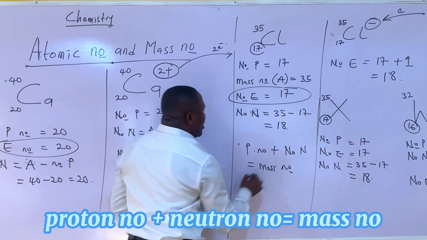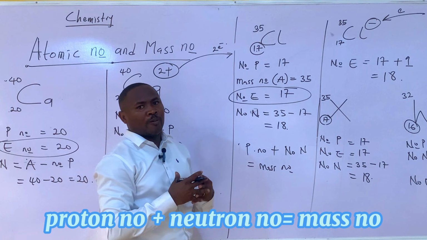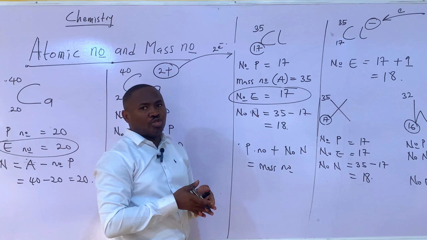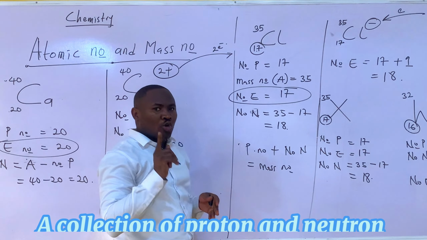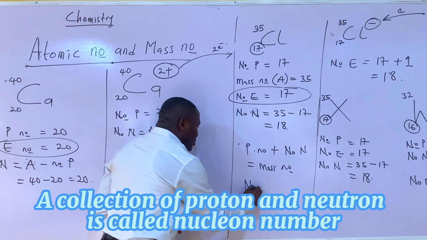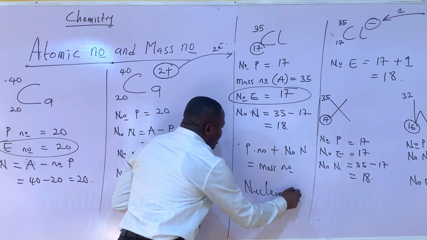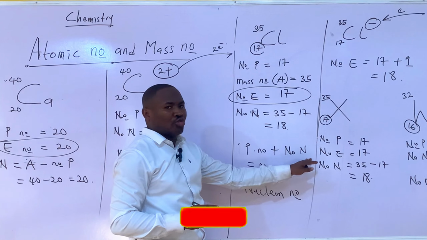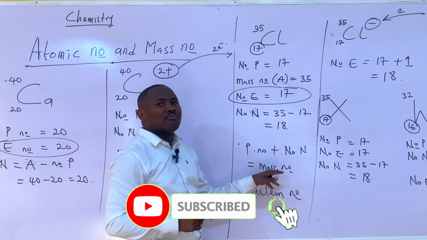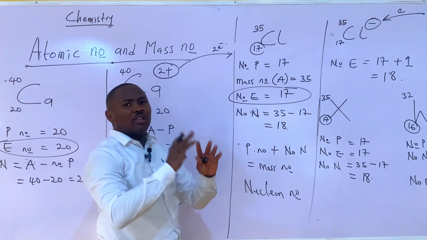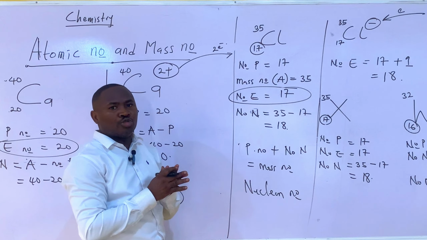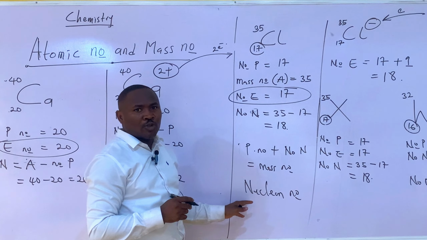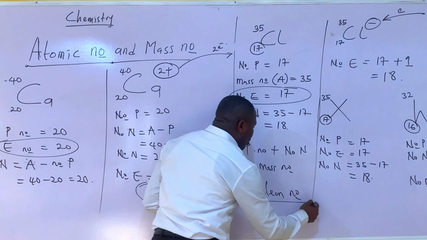Very important. But a collection of proton and neutron in the nucleus is called nucleon number. I'll say it again. The sum of proton and neutron equals mass number. But a collection of proton and neutron in the nucleus of an atom is called nucleon number.